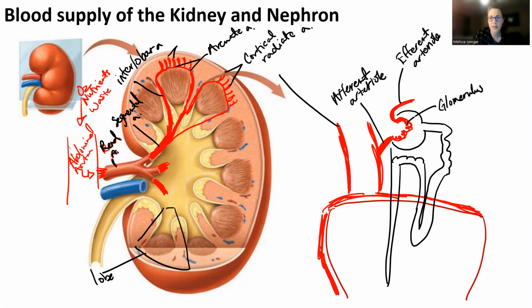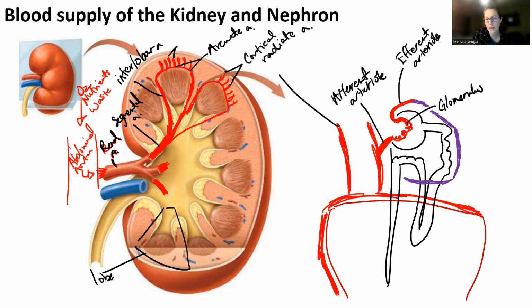Then what's going to happen is the efferent arteriole is going to become another capillary. And that capillary is going to circle around the proximal and the distal convoluted tubule.